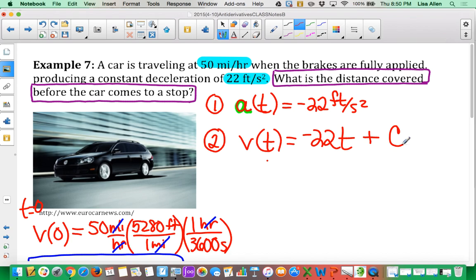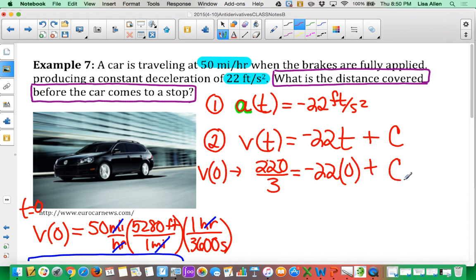But we know that v of 0 is 220 over 3 feet per second, so we have 220 over 3 equals negative 22 times 0, plus c. So c is equal to 220 over 3.